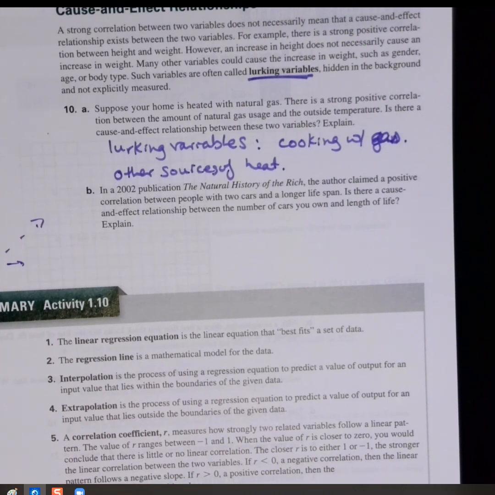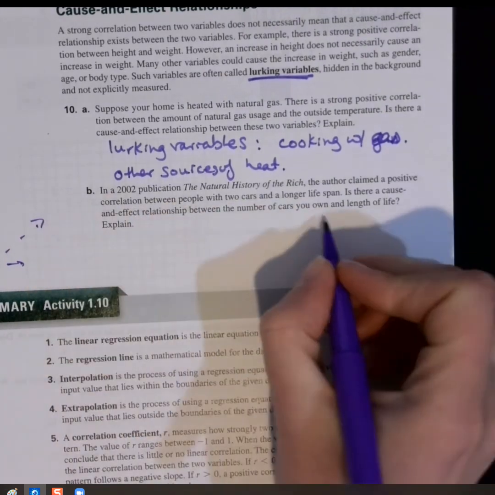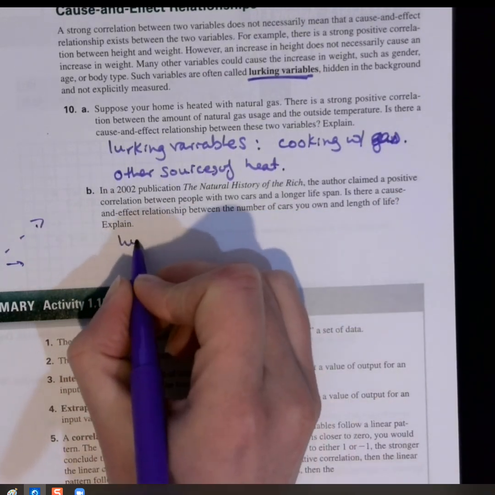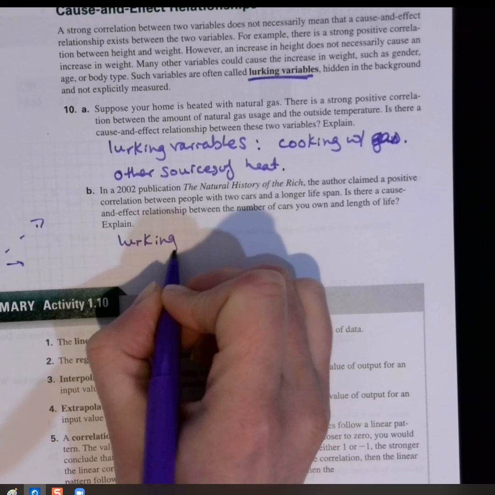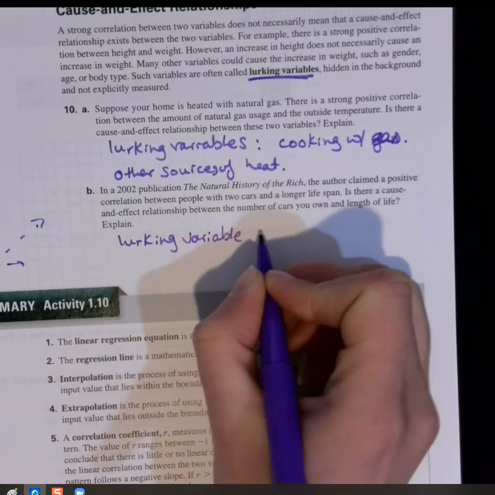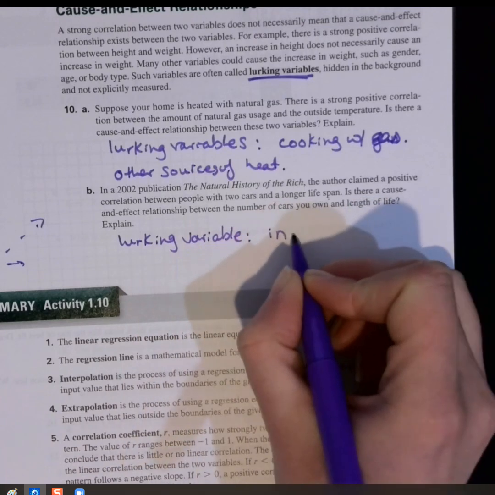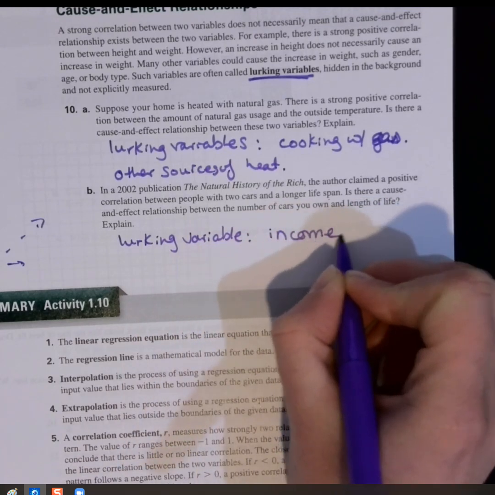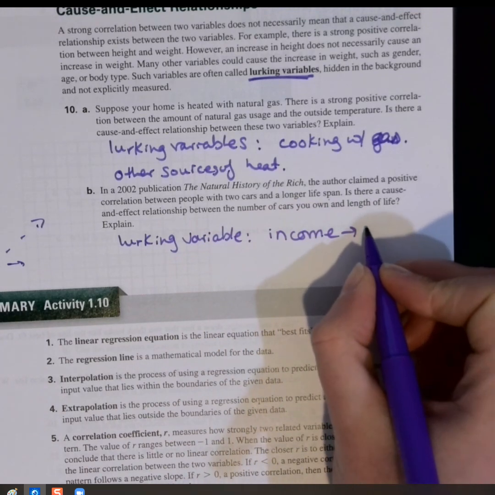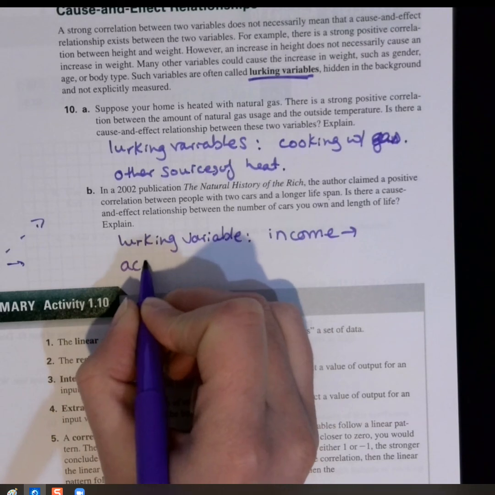However, number of cars is actually probably a better indicator of higher income, and the higher income was probably due to, it's not the income itself, but the health insurance or the access to healthcare that's actually maybe a factor right here.